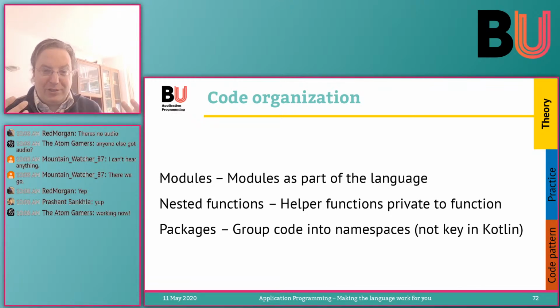Don't have surprising code. In Kotlin, you organize your code. Kotlin, as a language, adds modules as a key part of the language. You can have internal visibility, which makes something visible within that module. Packages are kind of delegated in Kotlin. They mainly do namespaces.